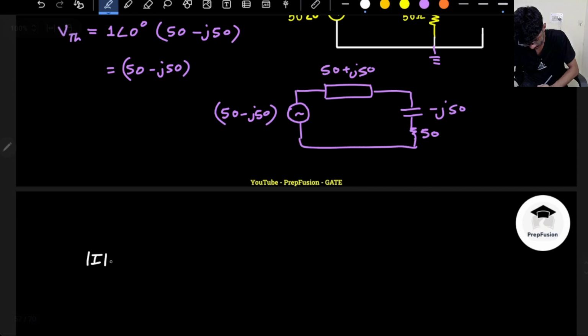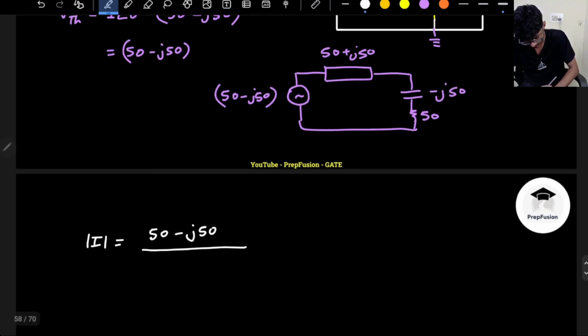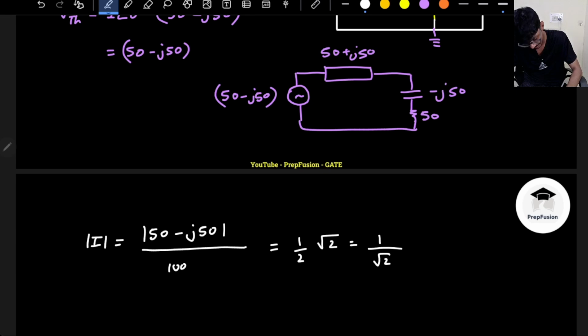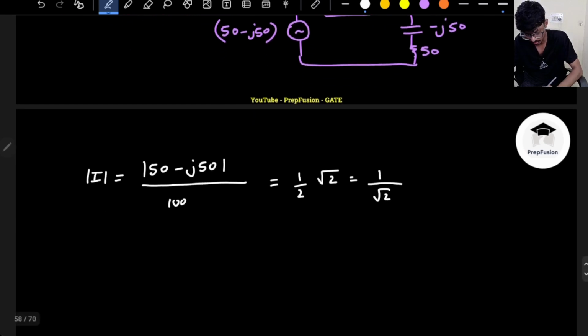The current in the circuit will be Thevenin voltage divided by the total impedance. So impedance is basically 50 will get added, this will be 100. Magnitude will be magnitude of this basically. So 50 I can take common, so this will be 1 by 2, 1 plus 2, under root 2. So this will be 1 by under root 2. I am just concerned about the magnitude, not the phase.